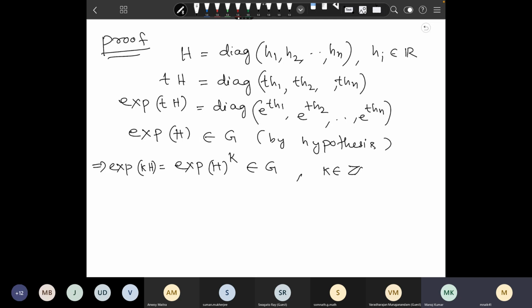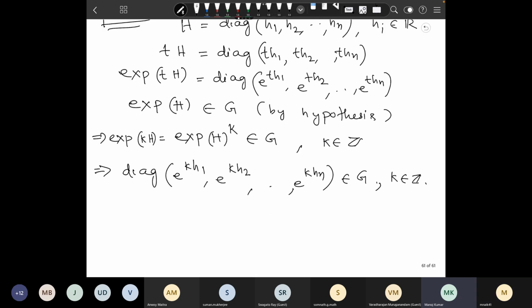If you put t equal to k here, this will imply diagonal of (e to the power kh1, e to the power kh2, ..., e to the power khn) belongs to G for k belongs to Z. This is given, and our claim is that we want to show that exponential of tH belongs to G.